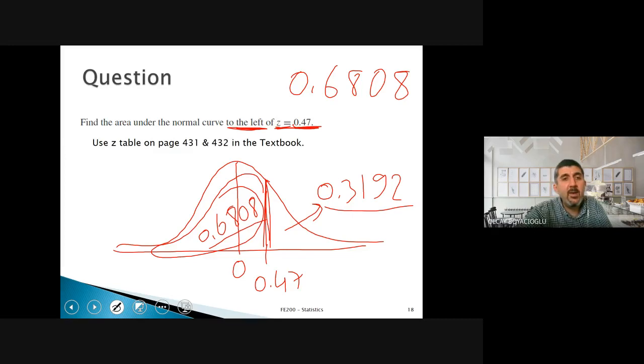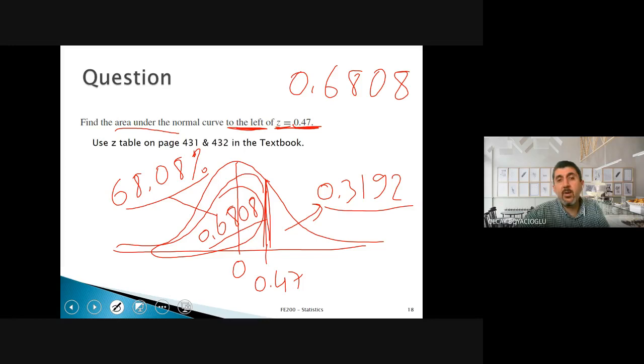It asks us the area under the normal curve. This is it. If they want the percentage, then it would be 68.08%. If they are asking for percentage, it is this 68.08. If they are asking for the relative frequency, 0.6808.